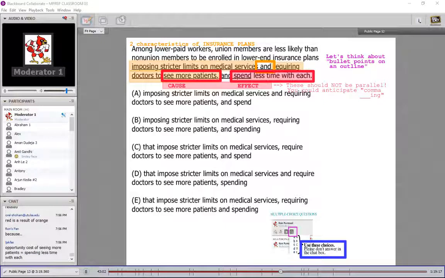Most important thing is you should do all of this advanced thinking before you even go to the choices. In fact, you should easily spend like 70% of the time on the original, and maybe 30% of the time on all the choices, because you want to have all of this figured out before your eyes even go down here.